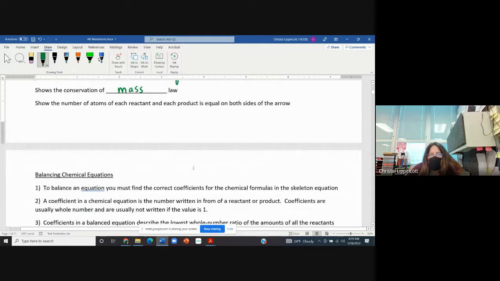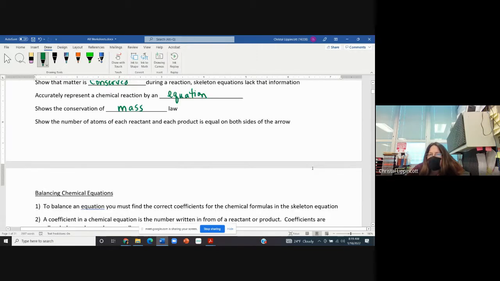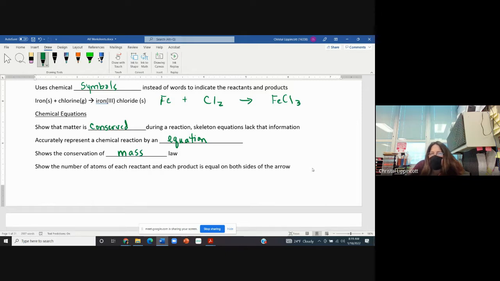All right, so to balance an equation, you must first find the correct coefficients in the chemical formulas in the skeletal equation. Once you have that skeleton equation written like this, you cannot change these subscripts, okay? These subscripts are what they are. You cannot modify them. I can't go and go, oh, I'm just going to change that to a 3.